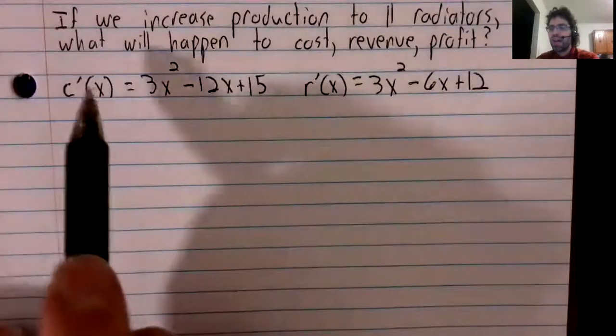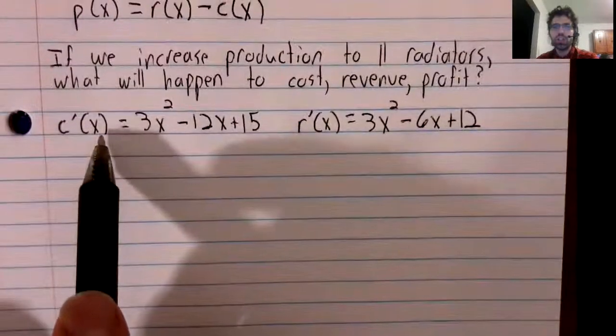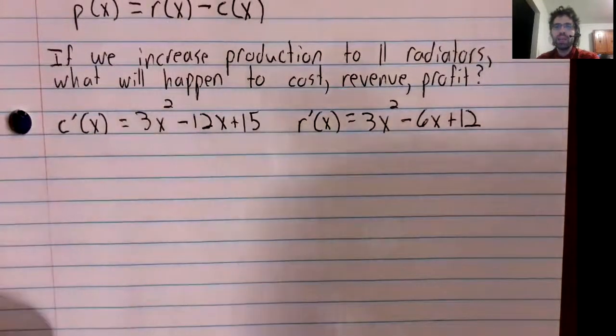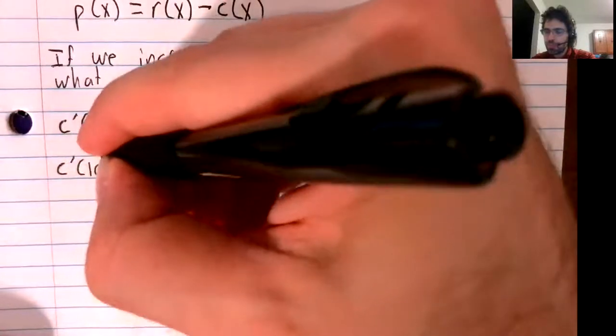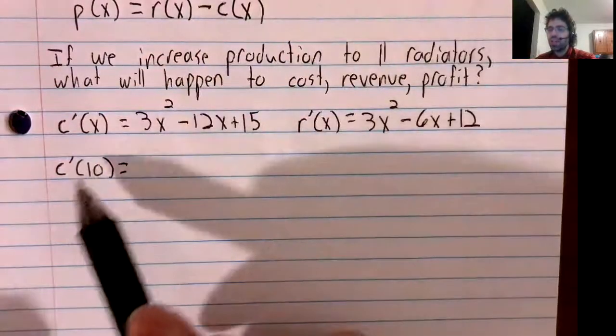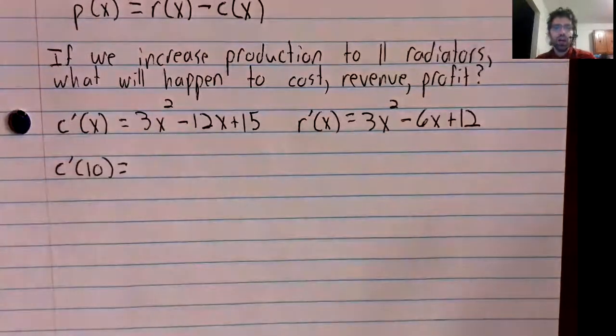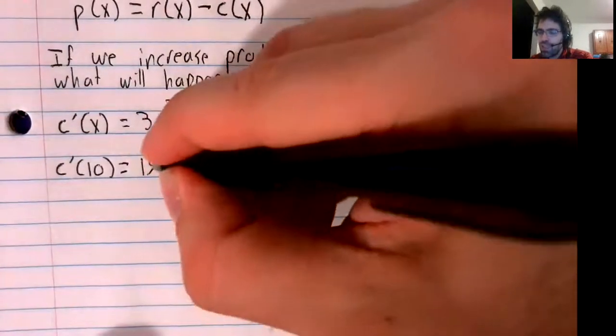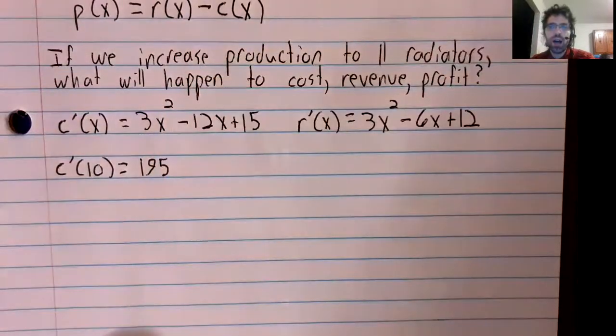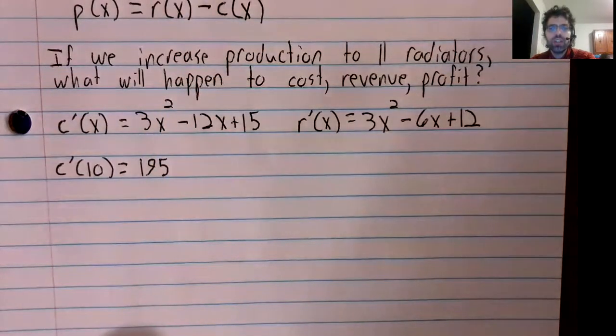But to see how the cost is going to change when we go from 10 to 11 radiators, we'll plug 10 into the marginal cost. And that works out to be 195. So the manufacturing cost is going to increase by $195.